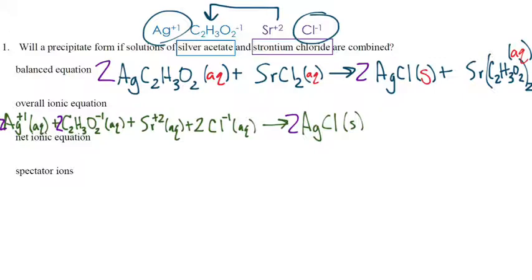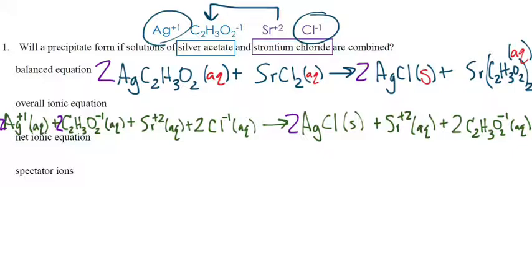And now I can continue on. I just have one more thing to be breaking up over here. So that's going to make strontium ion and 2 acetate ions. Ooh, barely managed to fit that. But that is our overall ionic equation.